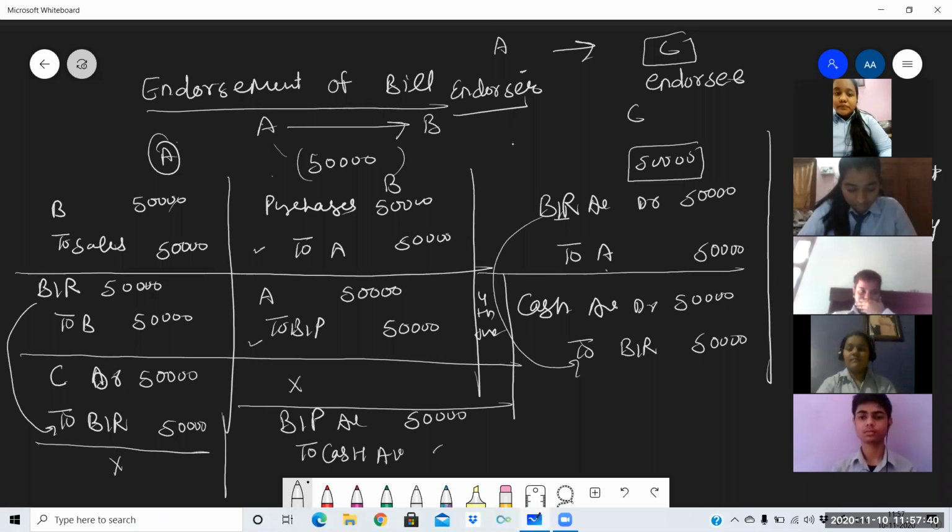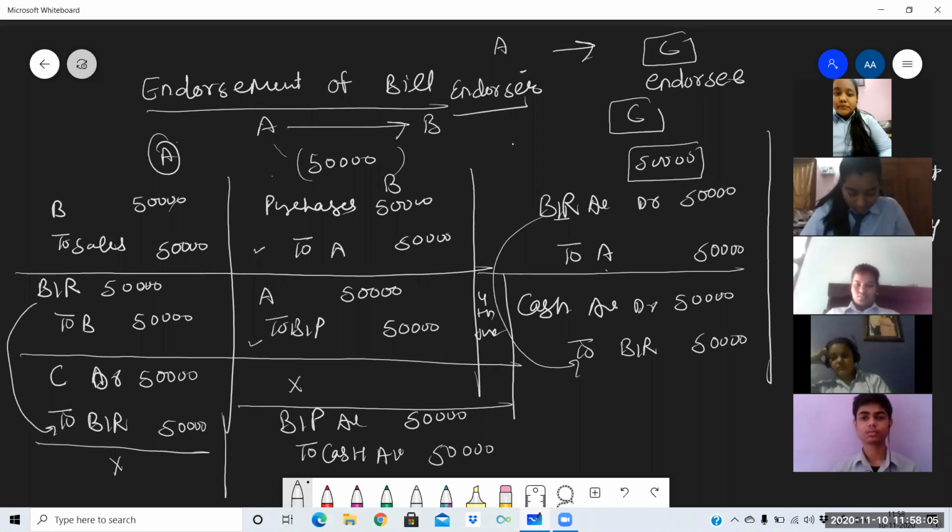So whatever treatment is done with the bill is done by the drawer only. In the drawer's books, there will always be three entries in all cases, whether it is retaining the bill, discounting the bill, or endorsement of the bill. So purchases account debit, bill acceptance, drawee to BP, then making of payment, BP to cash.